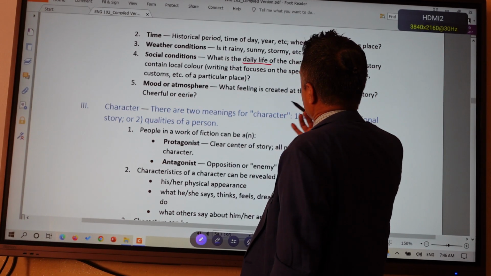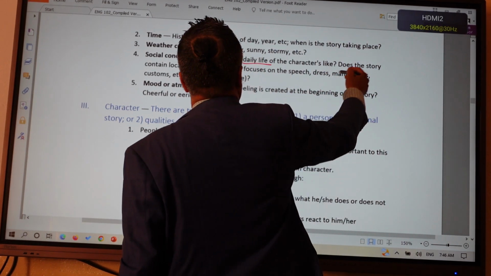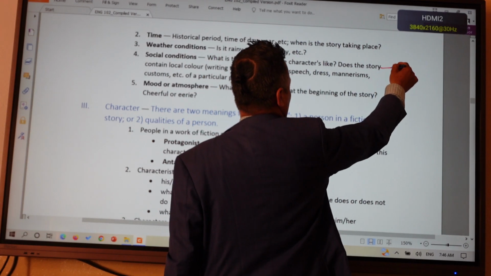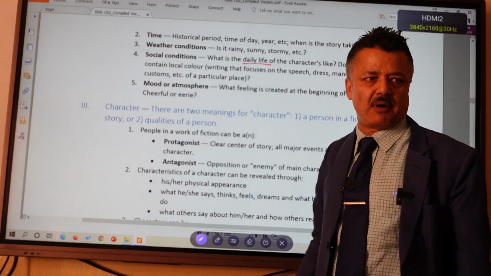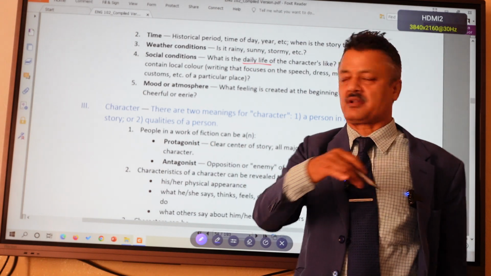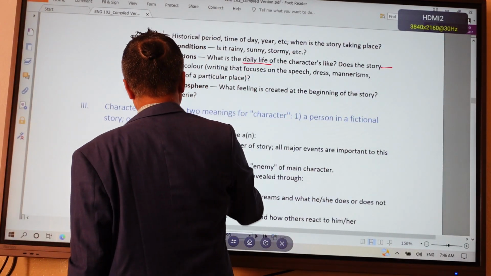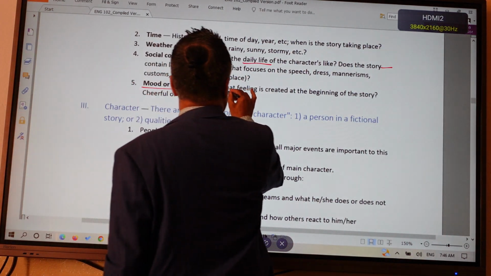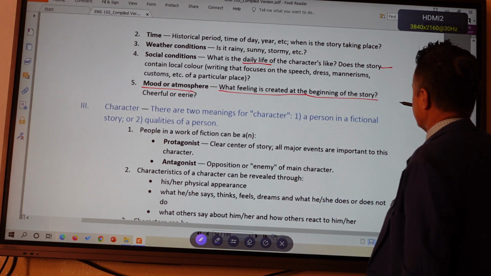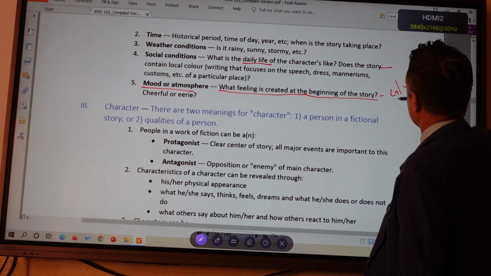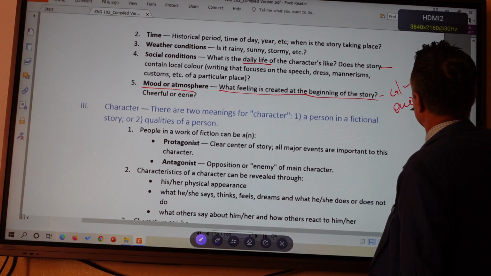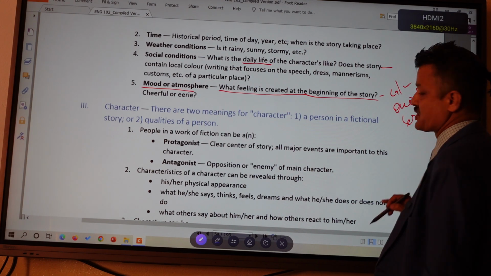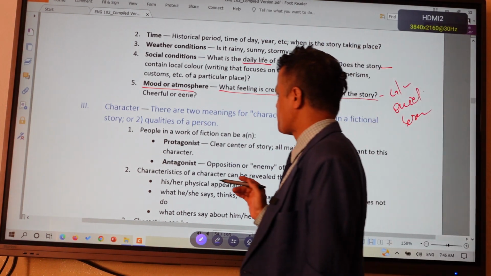His friend and he going on. There is some activity in Hawaii, Honolulu, where they work in a bar, they see girls and they see people. Then mood or atmosphere, what feeling is created at the beginning of the story. So I see calm, quiet, serene atmosphere. There is not much activity.